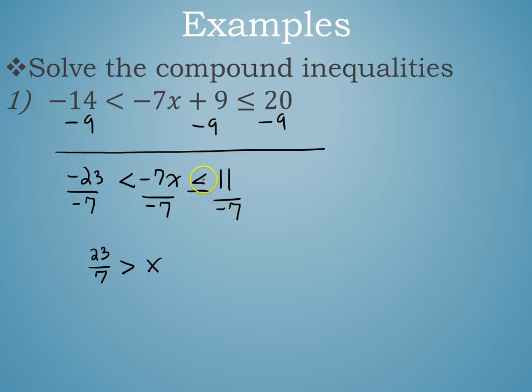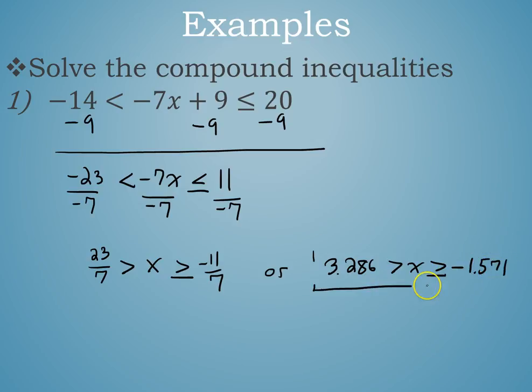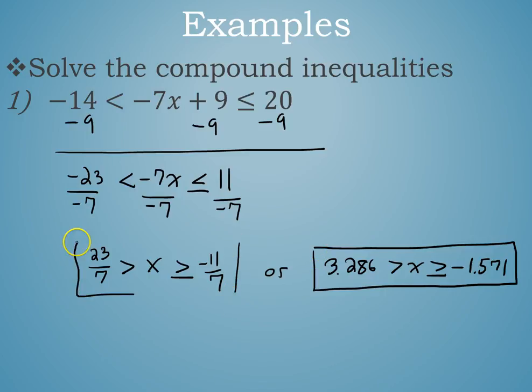And the other sign will have to flip too, giving x greater than or equal to negative 11 over 7. Or if I want to write them as decimals, it'd be 3.286 less than x, less than or equal to negative 1.571. So again, fractions or decimals, I don't really care. Both are correct, as long as your fractions are reduced.